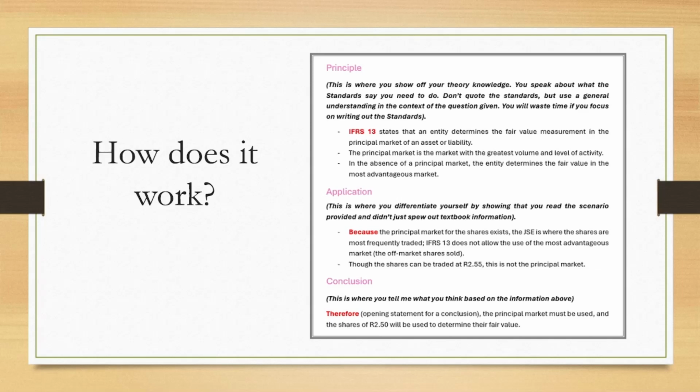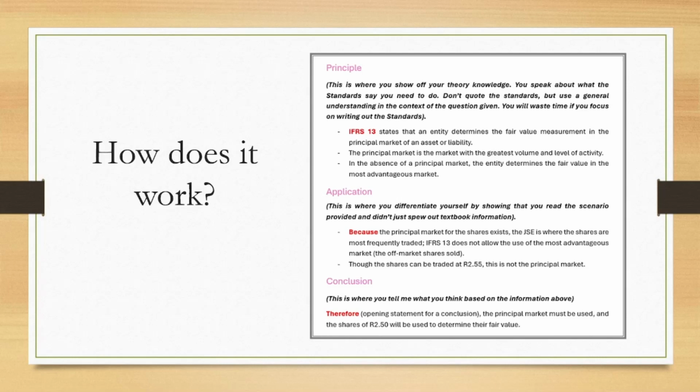The application carries the bulk of the marks, then the conclusion, but the principle doesn't carry that many marks. So use a general understanding or general terms in the standard that are in the context of the question given. Otherwise, you're going to waste time if you focus on writing out the standards.